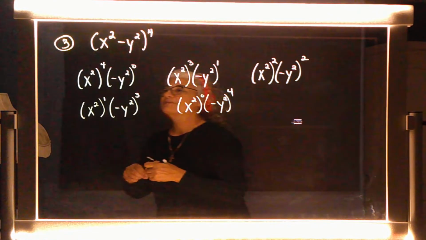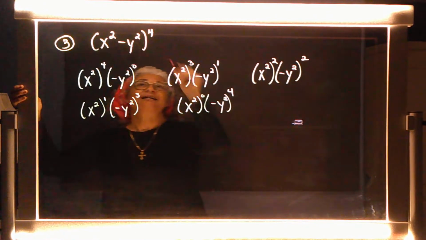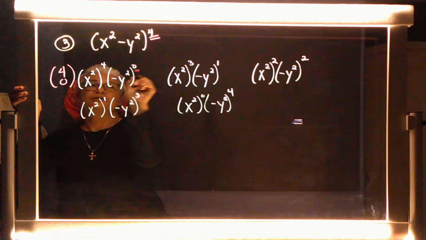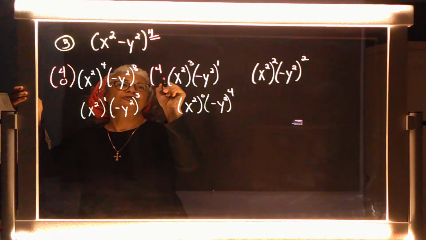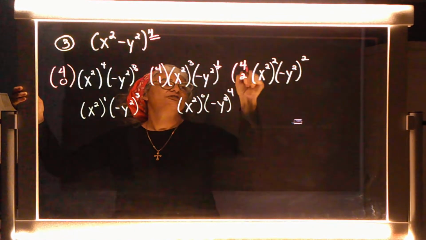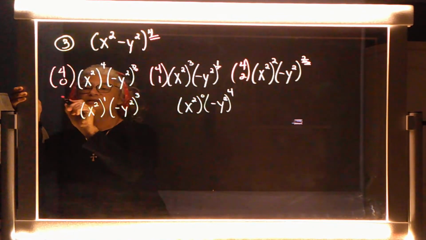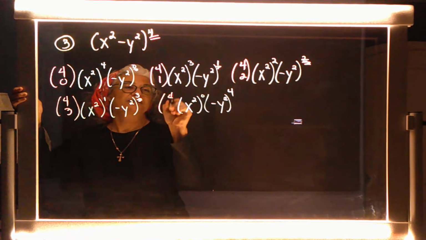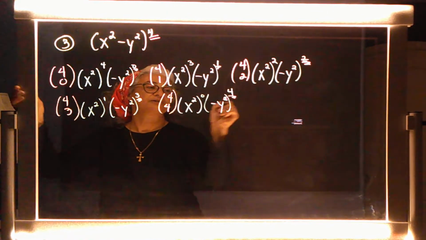Okay, so after we write the terms, what do we write next? The coefficients. So what's my n? Yep, 4. So 4 choose 0, 4 choose 1, 4 choose 2, 4 choose 3. And last but not least, 4 choose 4.